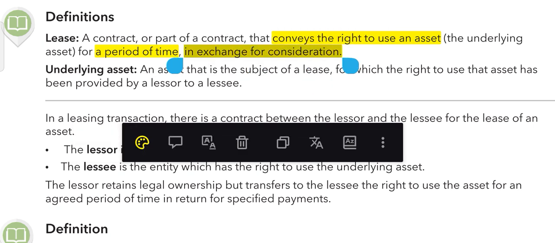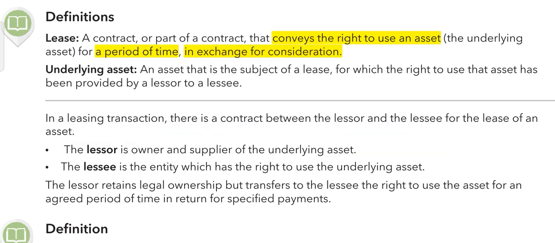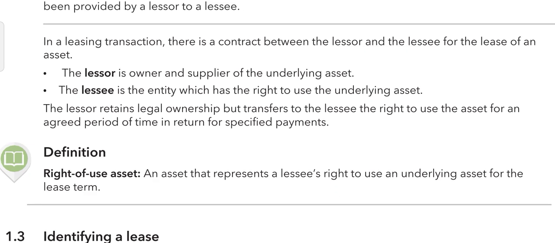Without consideration, without paying money, the lessor does not get anything. This is the basic concept. What is a lessor and what is a lessee? The lessor is the owner or supplier of the asset, and the lessee is the entity who gets the right to use the asset.